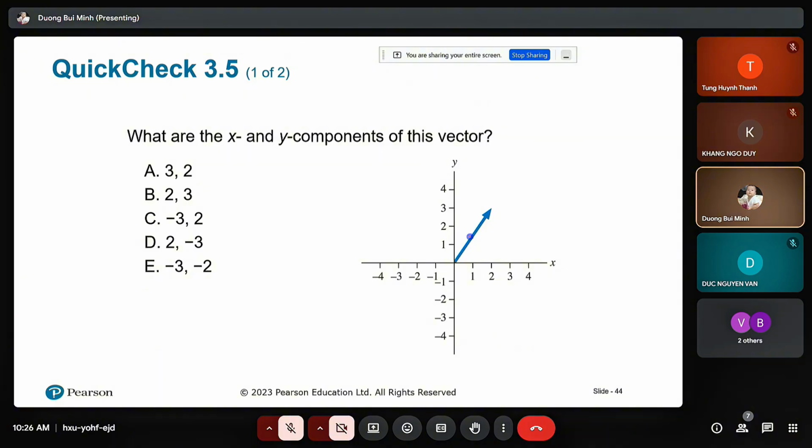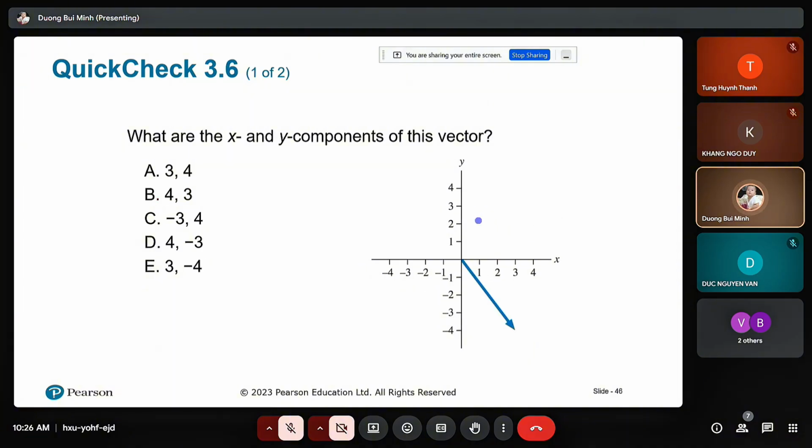We have this vector A, so you get Ax is 2 and Ay is 3. And this is the last quadrant, the fourth quadrant. So here you get minus 4 and 3.